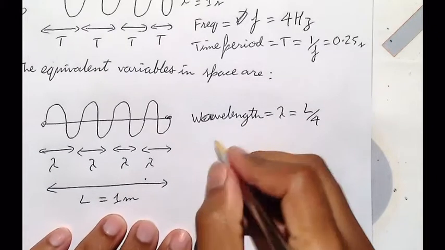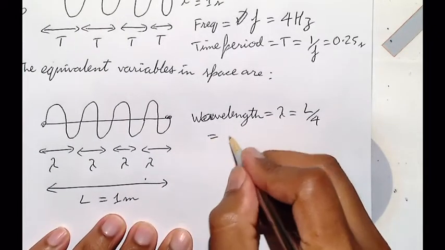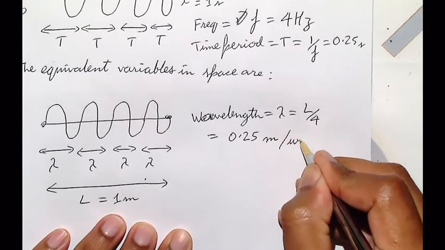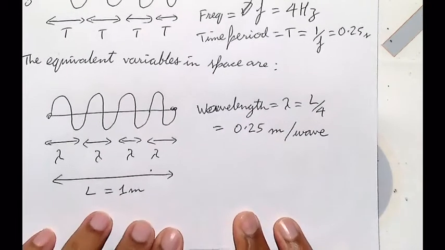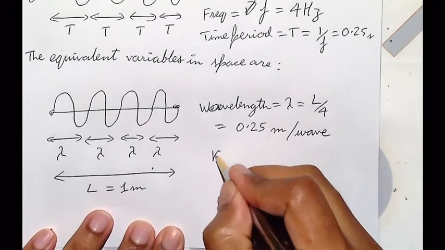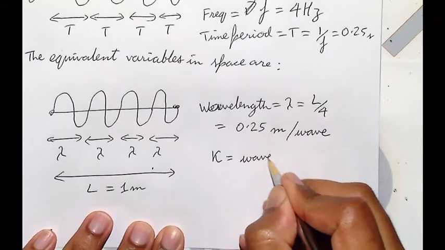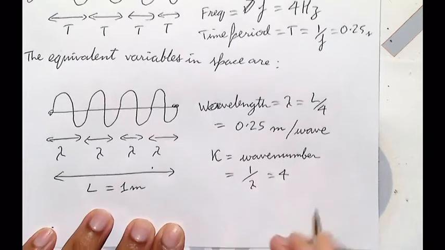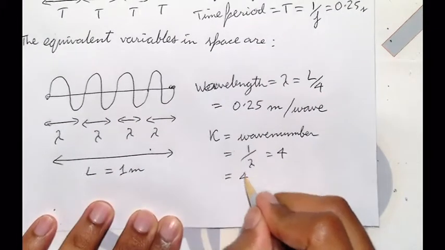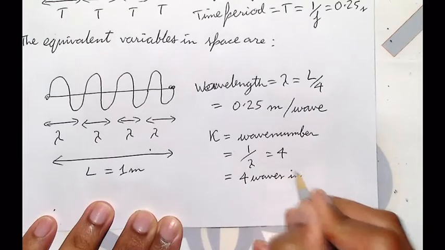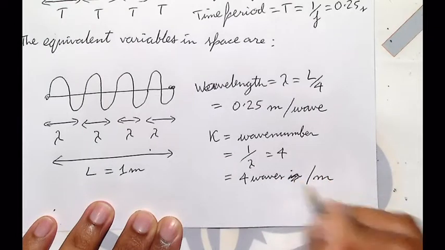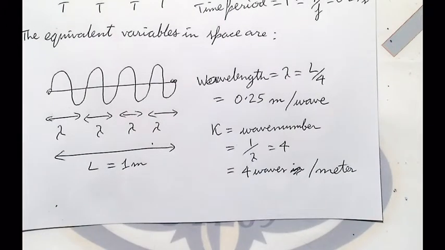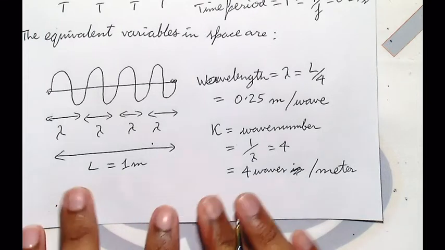So lambda just represents 0.25 meters per full wave. And kappa is the wave number. This is 1 over lambda, which is 4 in this case. And this just says we have 4 waves in 1 meter. Make sense? So it's completely equivalent. There's no difference in space or in time.